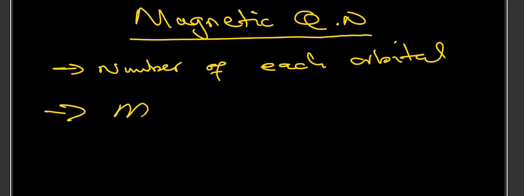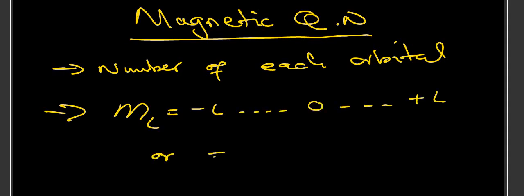This is always going to be from negative L, then 0, then up to your positive L. Some people will say this is the same as 0, then plus or minus 1, until you reach your plus or minus L. Notice that these are all related. Angular depends on the principal quantum number, then magnetic depends on angular. The L is the angular quantum number that you are dealing with.